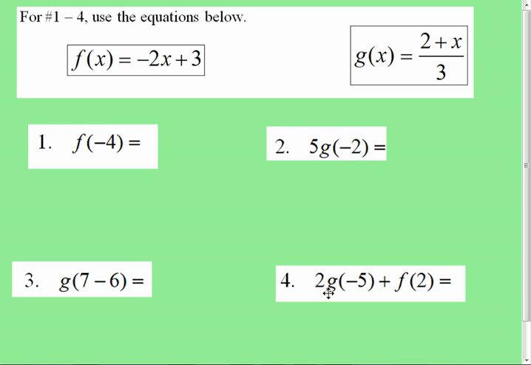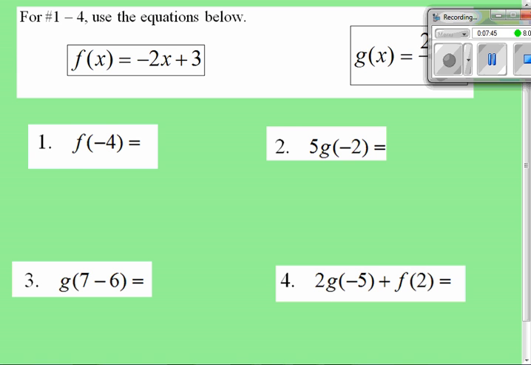So go ahead and try those. Now let's put them up, and then we'll get to the new stuff. We're not going to rush through this. We want you to do it well.